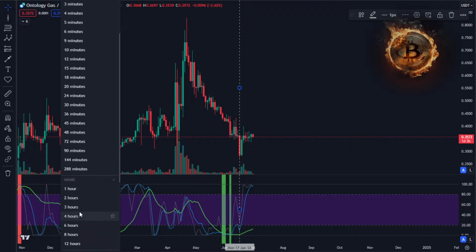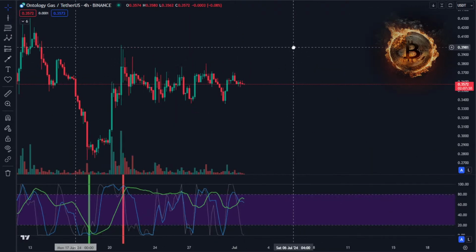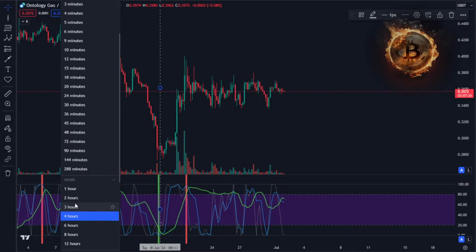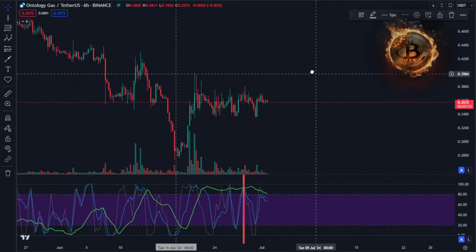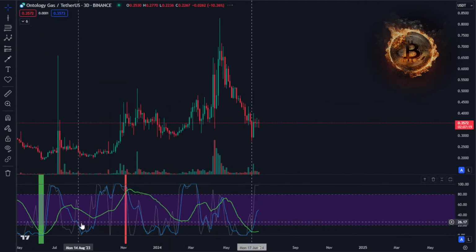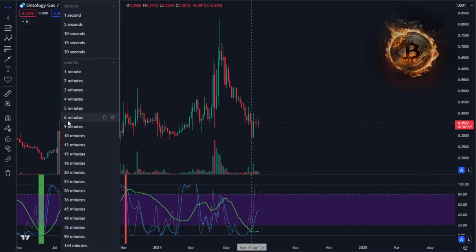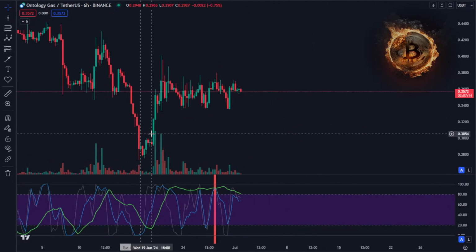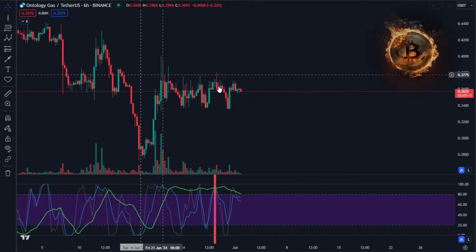Set this, go to the 4-hour, looking similar. 6-hour, this is probably gonna drop from here. Yeah, this is probably going to just roll over, something like that.